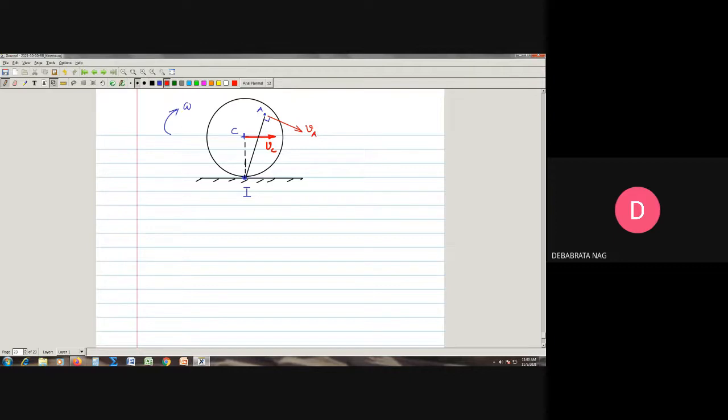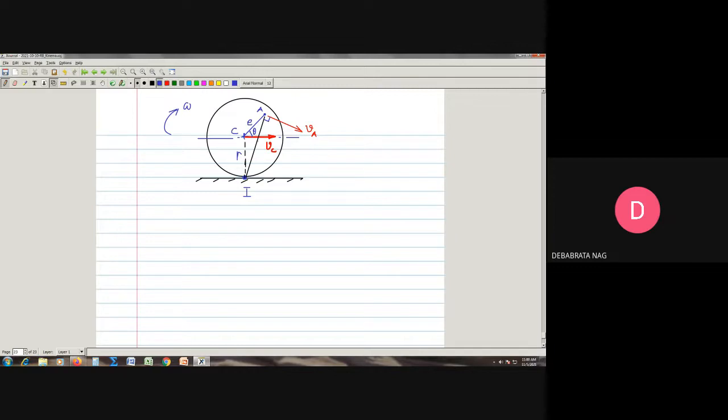So you see, this velocity of point A is completely known. If this distance is called R, and this distance is known to be equal to E, and of course I know this angle, that means the angle this line CA makes with the horizontal line through the center, let us suppose that this angle is equal to theta.